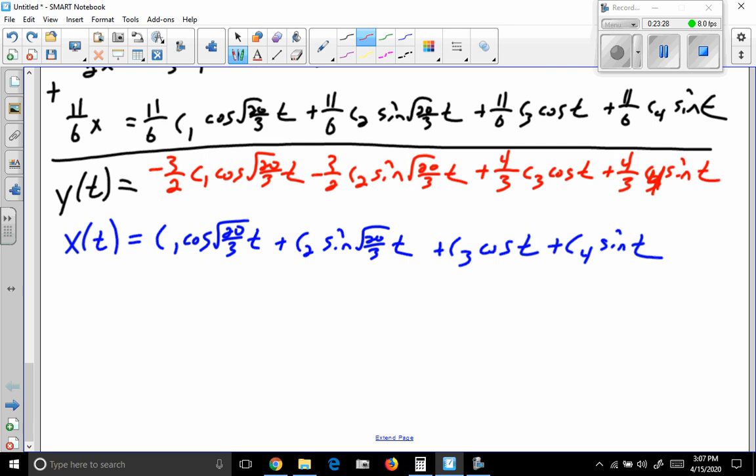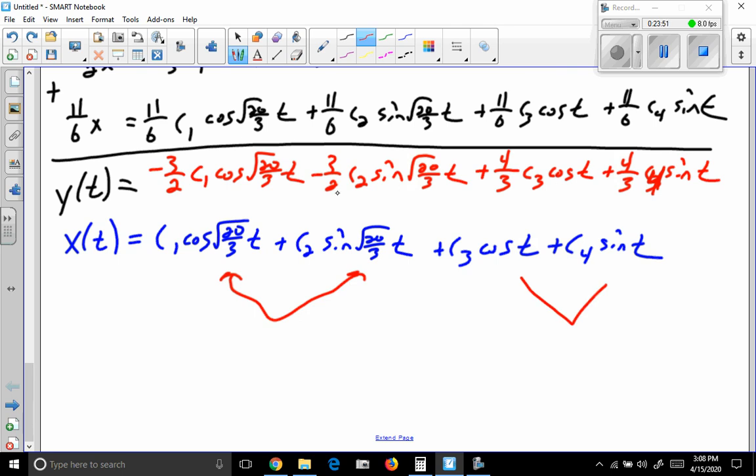So we looked at what we called our natural frequency when we were looking at one mass oscillating back and forth. Notice here we have two natural frequencies. We have a natural frequency due to these terms, and we have a natural frequency due to those terms.